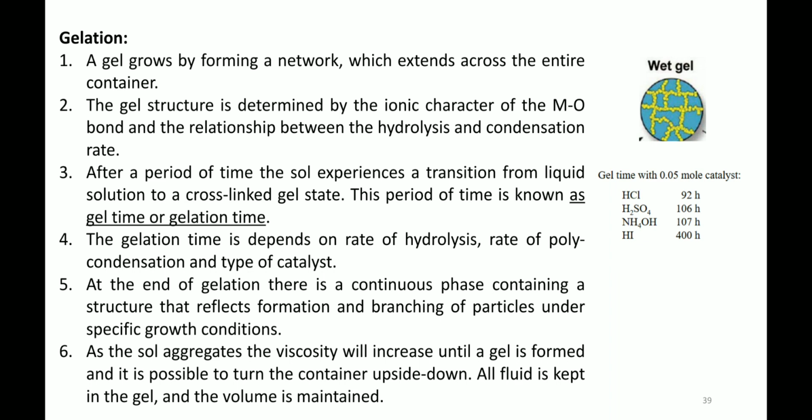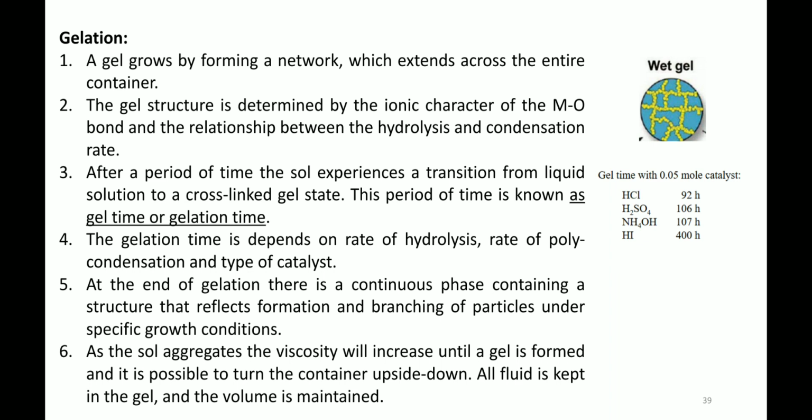If we know the ionic character of the MO bond, then that is useful to form the gel structure. And what is the relationship between the hydrolysis and condensation rate? If the rate of hydrolysis process and condensation process are in balance, then there is the formation of this gel structure.